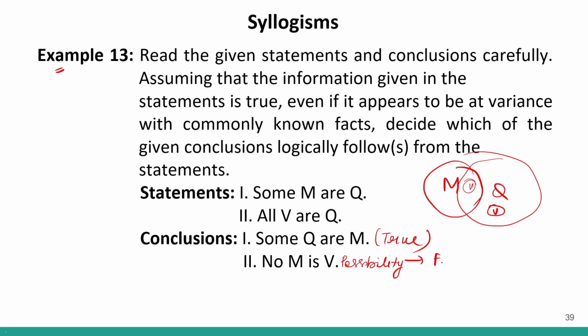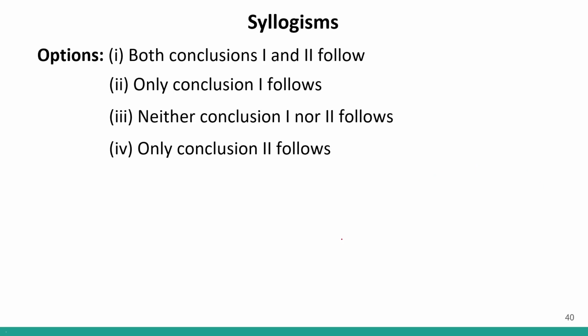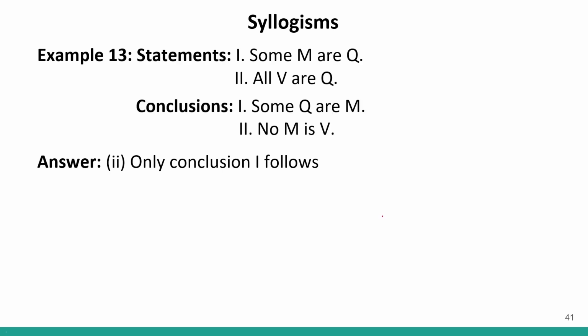So this is false. If it was written no M is V is a possibility, then it would have been correct. But since the word possibility is not mentioned, it is false. So only conclusion 1 will follow. Option number 2 says that only conclusion 1 follows. This will be my answer. Okay?